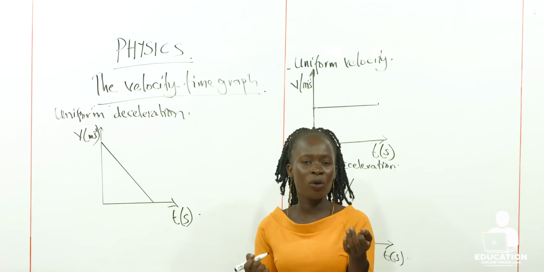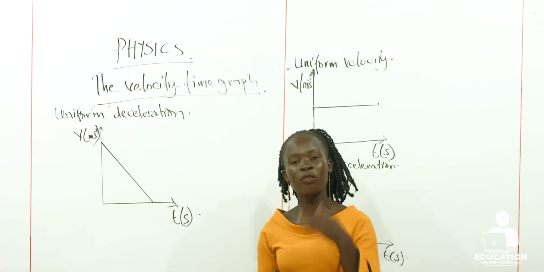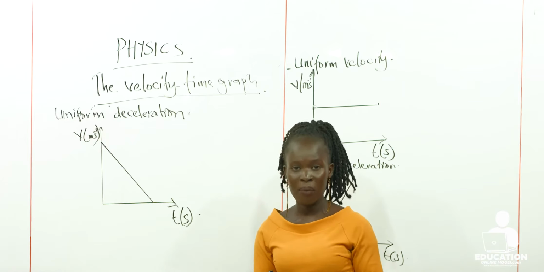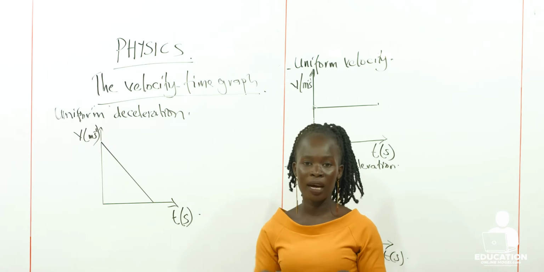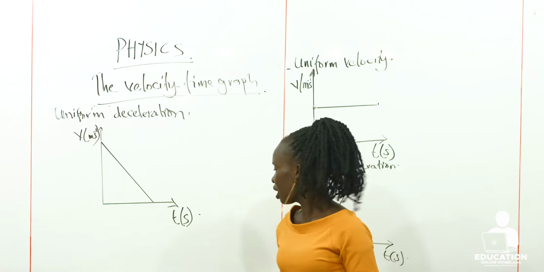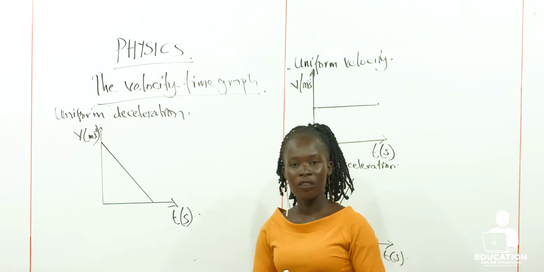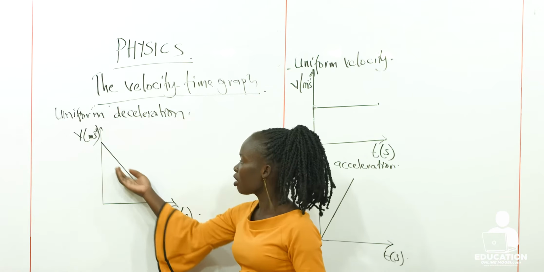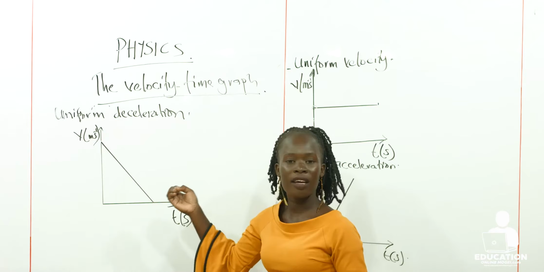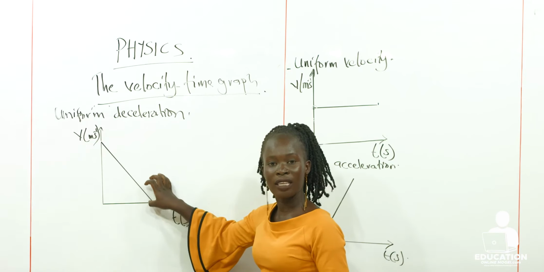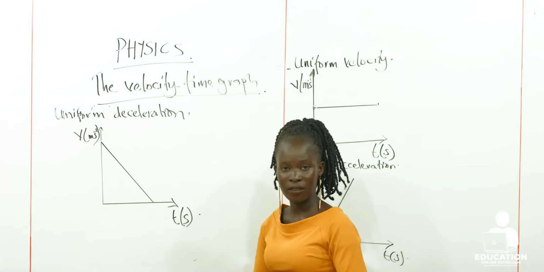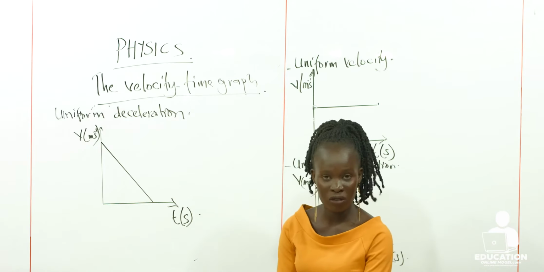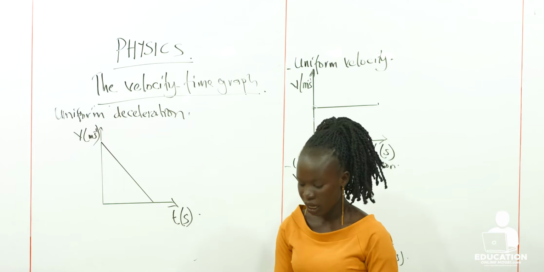Then what if you're coming back from town to home? You're using the same street, but this time you're coming back the opposite way, so we give it a negative. So when you calculate the deceleration of the body, you mostly get the figure as a negative. That negative shouldn't be scary. It is just because the body is moving in the opposite direction.